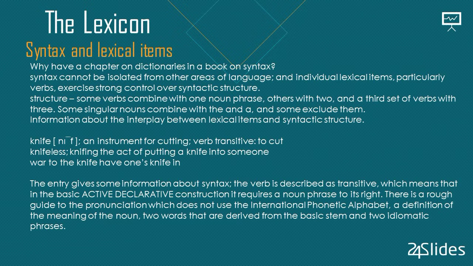The verb is described as transitive, which means that in the basic active declarative construction it requires a noun placed to its right. There is a rough guide to the pronunciation, which does not use the International Phonetic Alphabet. A definition of the meaning of the noun. Two words that are derived from the basic stem and two idiomatic phrases.